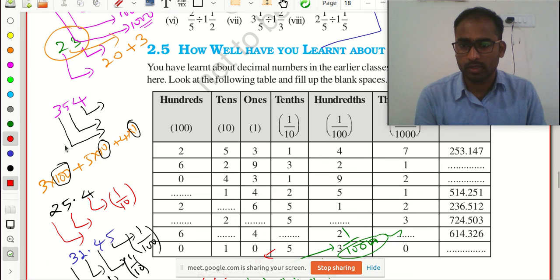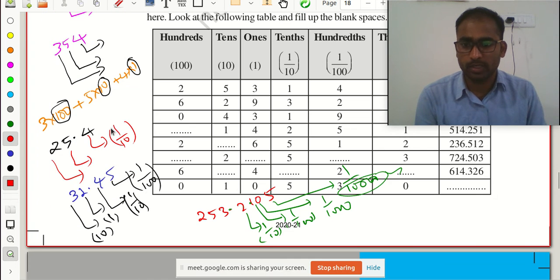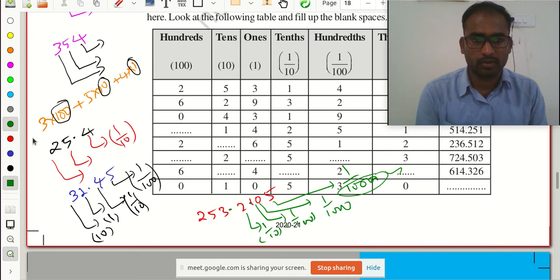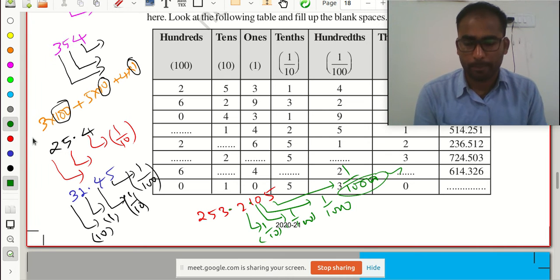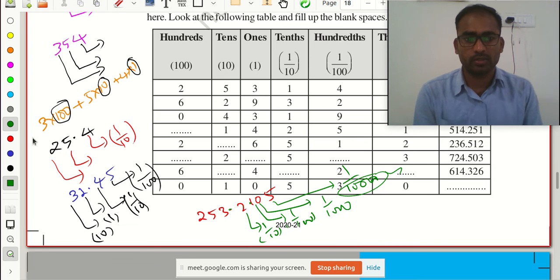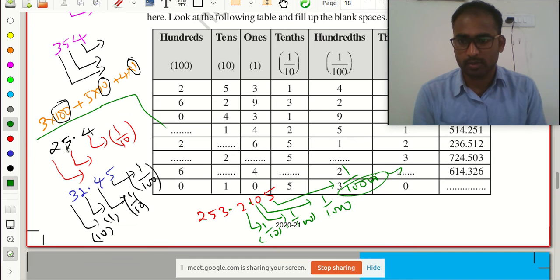Till now you understood, but this decimal part you have not understood. Okay, I am asking, brother, you did not understand the decimal part, so I should explain from here itself. Yes, sir. Okay, then.